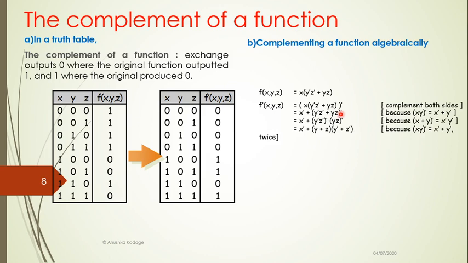Because of that, y dash z dash complement will appear, this ORing operation will get converted to ANDing operation, and on this yz also the complementing operation will happen. Finally this x dash and ORing will be carried forward. Y dash complement will again be calculated as y. This ANDing will be complemented as OR. Z dash complement will be z.